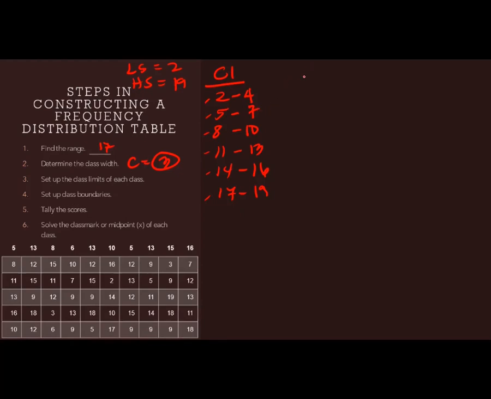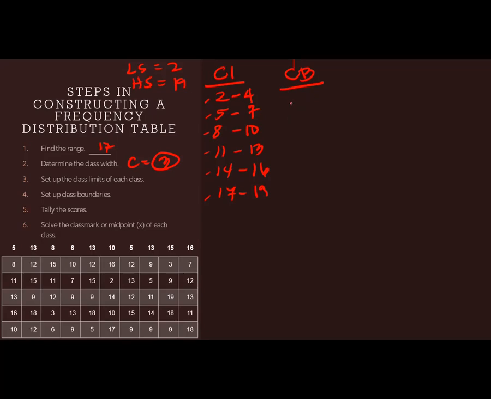So the next step that we are going to do is to set up class boundaries. So how are we going to set up class boundaries? We are going to add and subtract half of the difference between the upper limit of one class and the lower limit of the next class.